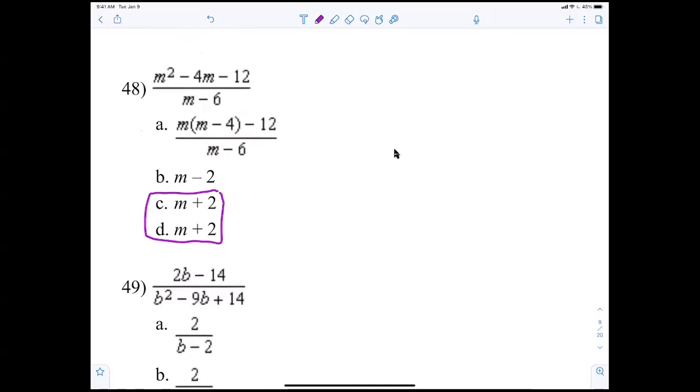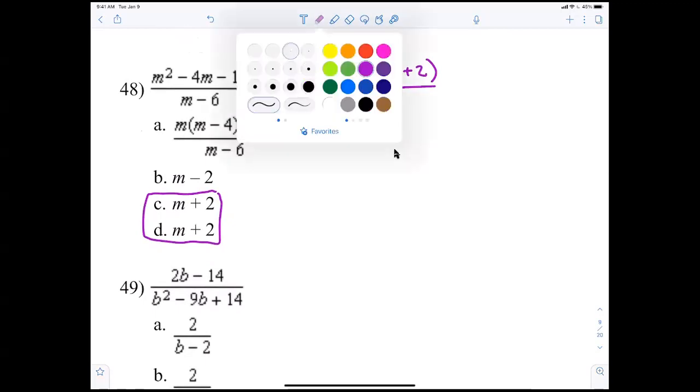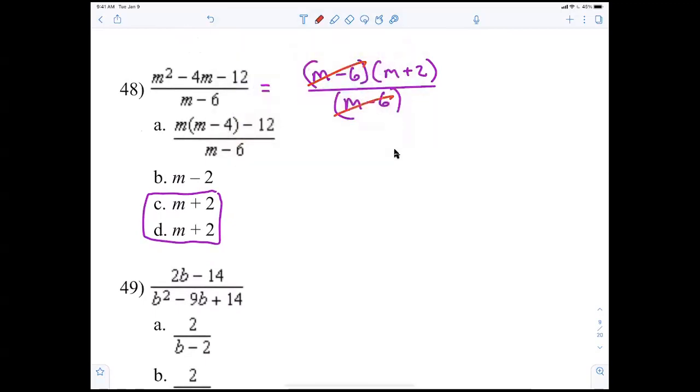All right. So here we go. Now, here again, we can just factor the top. The top factors to what? M minus 6 and M plus 2. Does everybody agree with that? Over M minus 6. So what happens with the M minus 6? Crosses out.